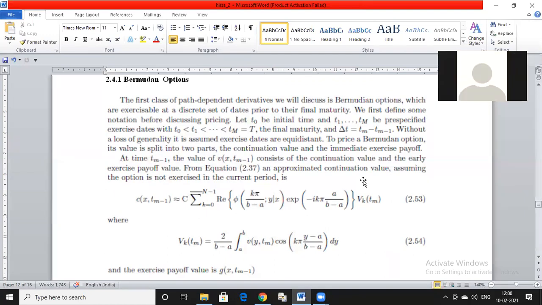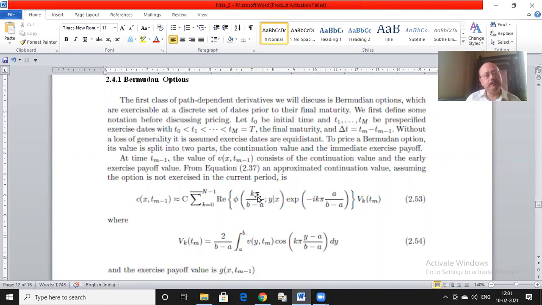Okay, great. So now let us use equation 237 to find the option price of this new contract. This new contract starting at Tm minus 1 with the current stock price at X. So I forget about the past. I am starting afresh from Tm minus 1.